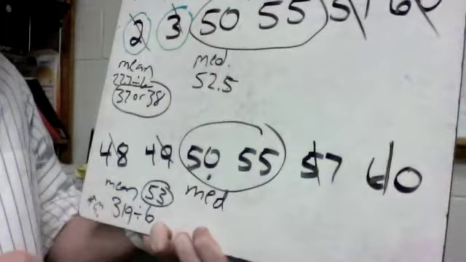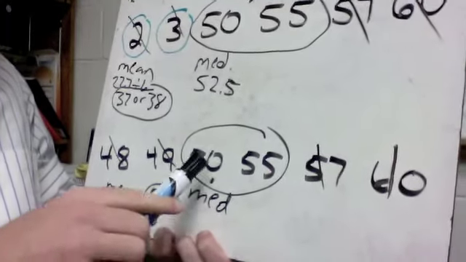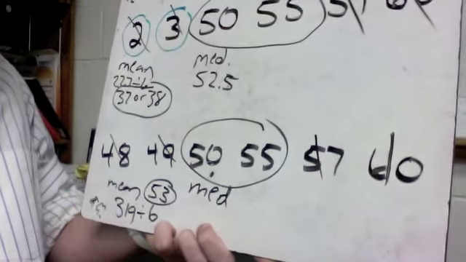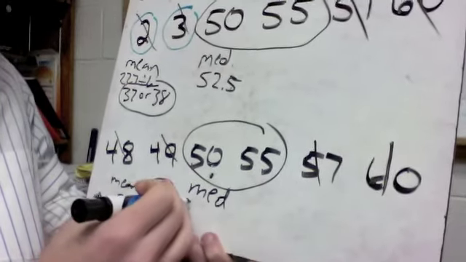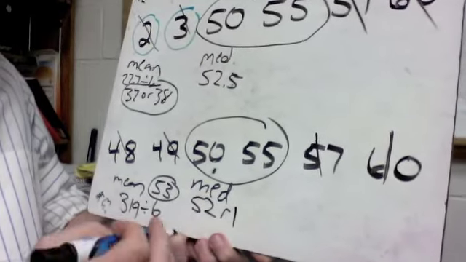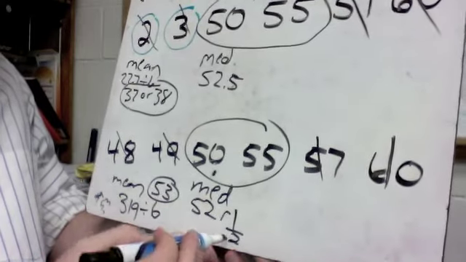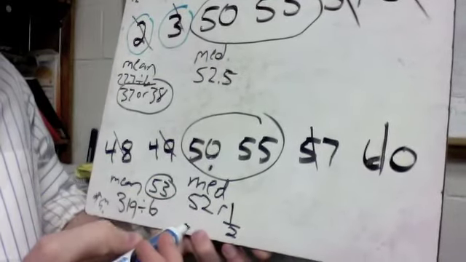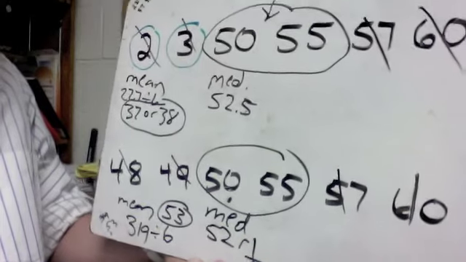If you can't figure out how to do that, all you have to do, and I'll do it for this one down here, is add these 2 numbers together and then divide by how many numbers there are. So 50 and 55 would be 105. If I do 105 divided by 2, I get 52 with a remainder of 1, and since I divided by 2, it's 52 and a remainder of 1 out of the 2 I divided by, which is still 52.5. So they're both the same. You can figure that out either way, but basically the point is these 2 are not changed. The outliers did not affect that.